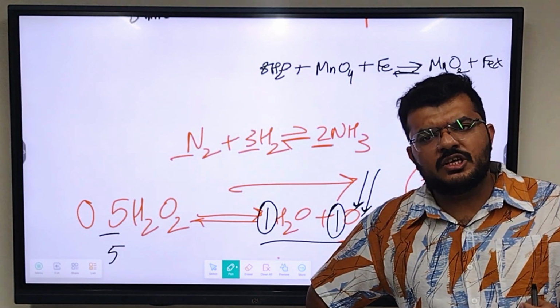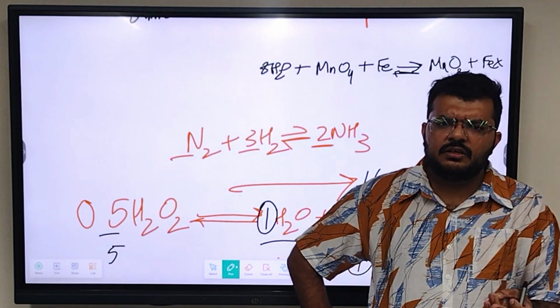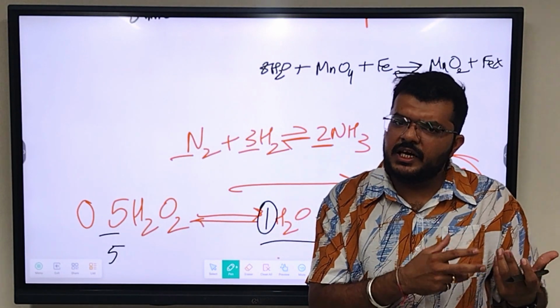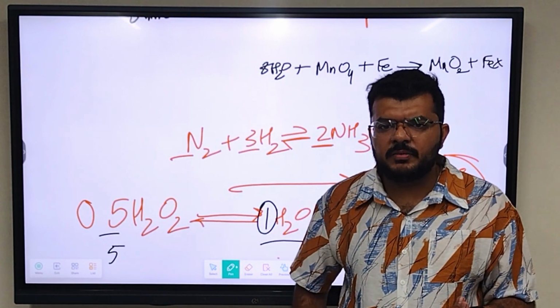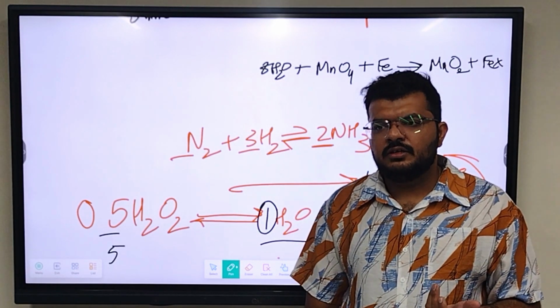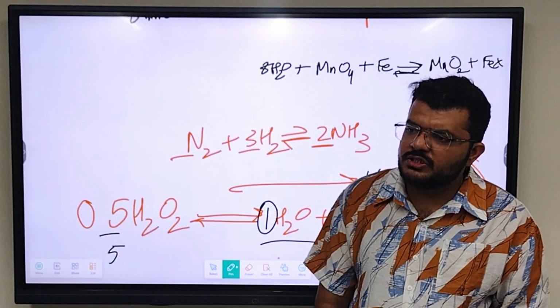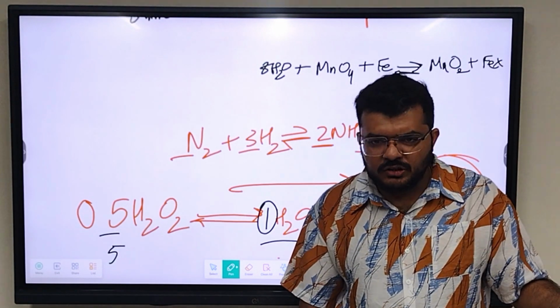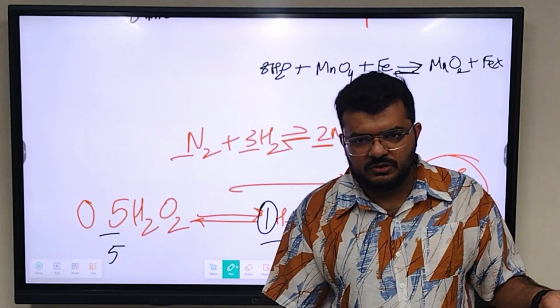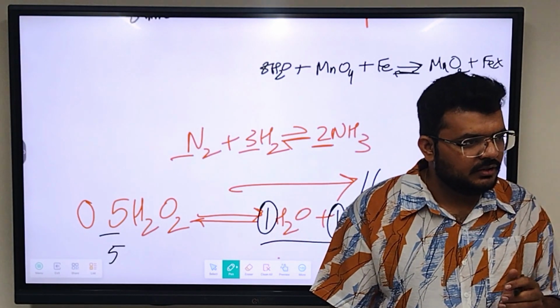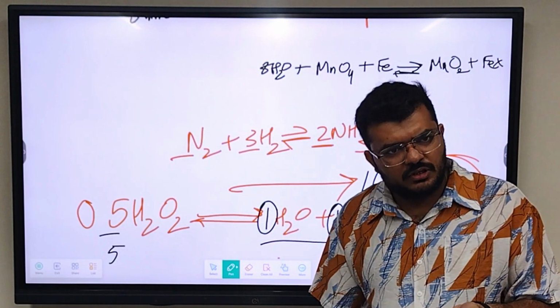Surface area: if the product has a certain surface area, we can assume the reactant will also form in a similar manner. If I have powder of magnesium and I am reacting with oxygen, magnesium oxide will also be in powdered form. So that equilibrium takes care of itself, both sides the same things are happening. Can you think of something else?